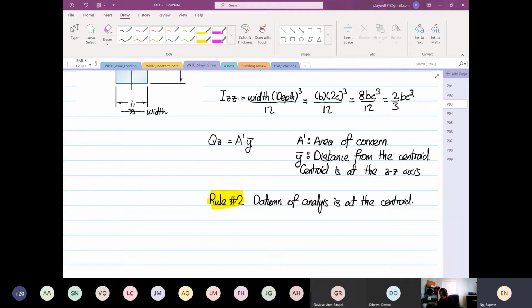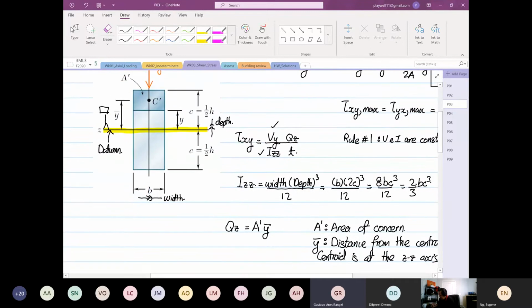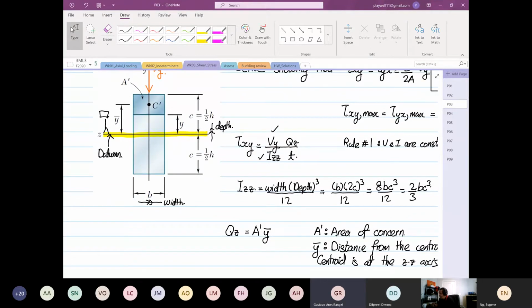Okay, then the next thing, yes, someone has a question. If you go back to the figure, C prime was not the centroid then. It's just the point that we're calculating the shear force for, right? C prime is the centroid of the area of interest. But doesn't it say that centroid is at the Z axis?